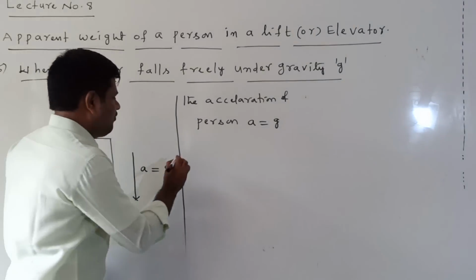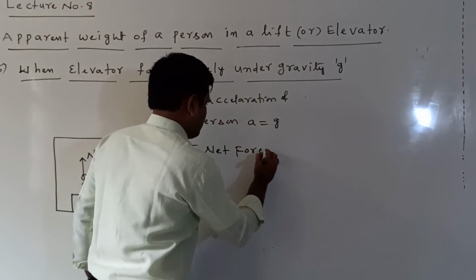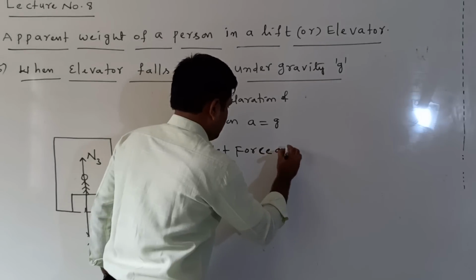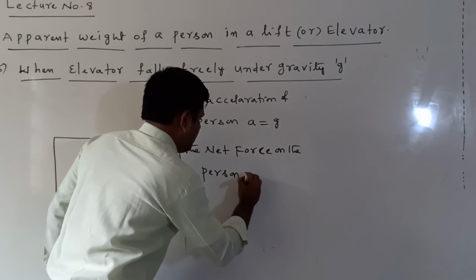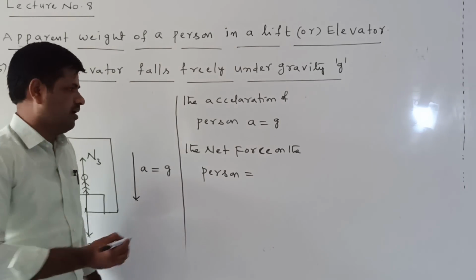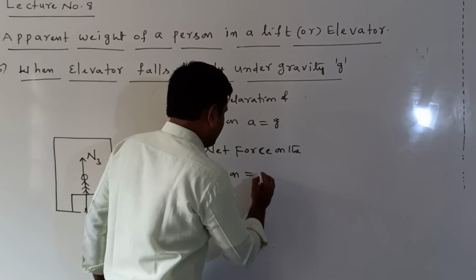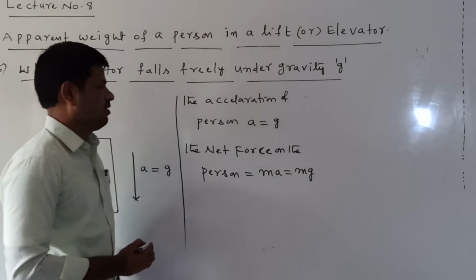Next, the net force. The net force on the person is F equals ma, but here acceleration a equals g, so ma equals mg.